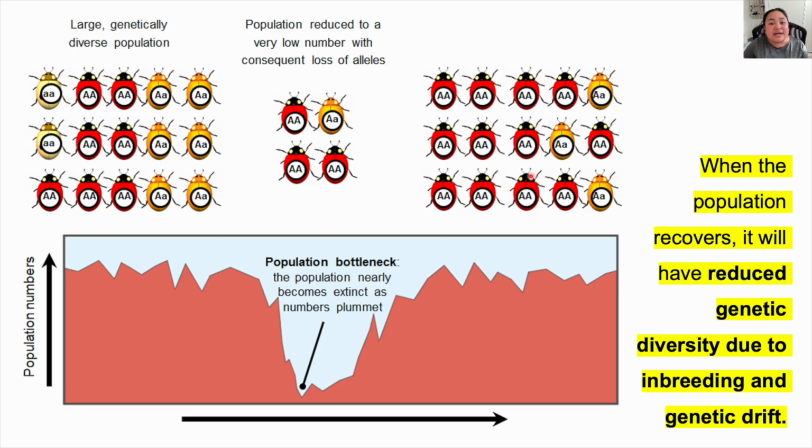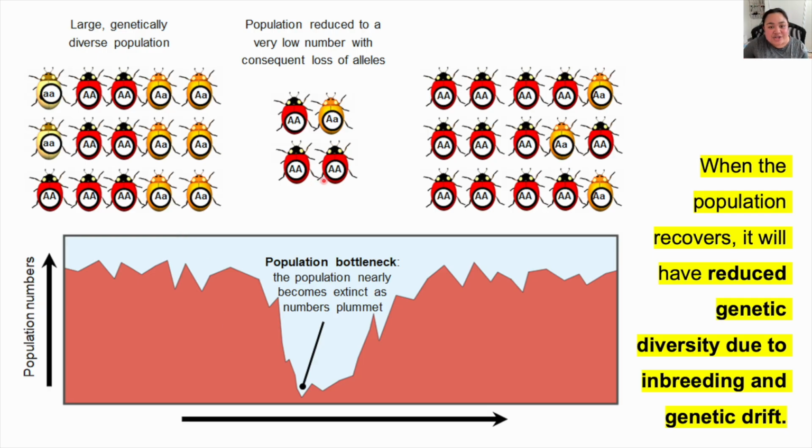This diagram clearly demonstrates the effect of the bottleneck effect on genetic diversity here at the top and population numbers here at the bottom. Pre-catastrophe, the insect population was large and genetically diverse. Then a catastrophic event takes place, and the population numbers crash to near extinction.